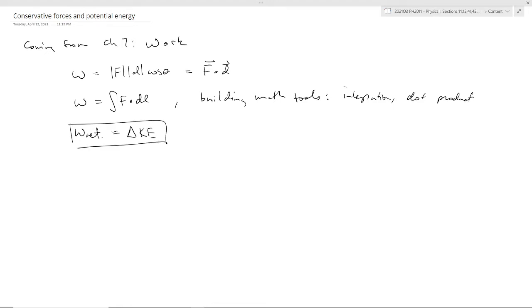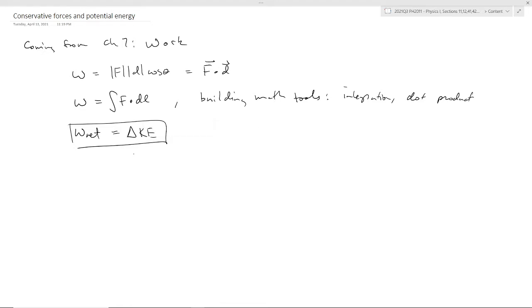And this would allow us to connect this work picture, which fundamentally depends on forces, to energy. And energy is what we're going to be talking about in chapter 8, energy conservation.